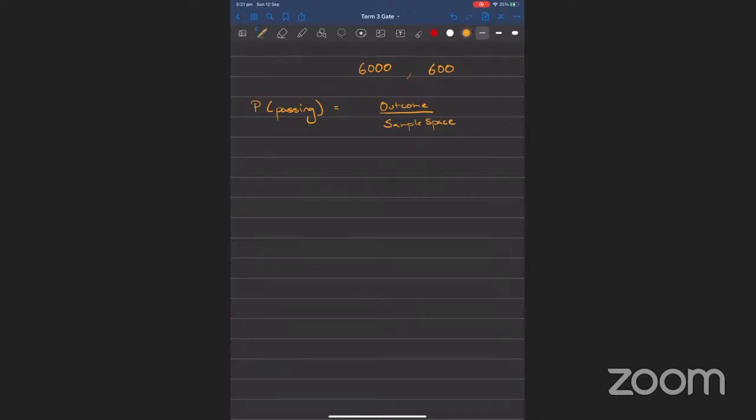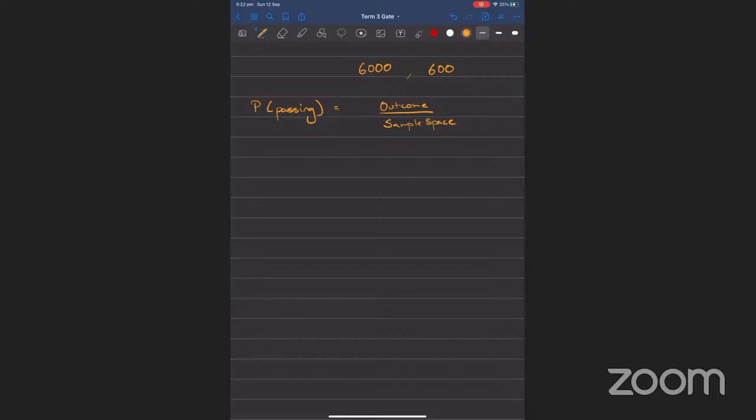What about anyone who remembers? Darsh? Sample space is like, you have the outcome of what you want to happen, but sample space is the possibilities of what else could happen.